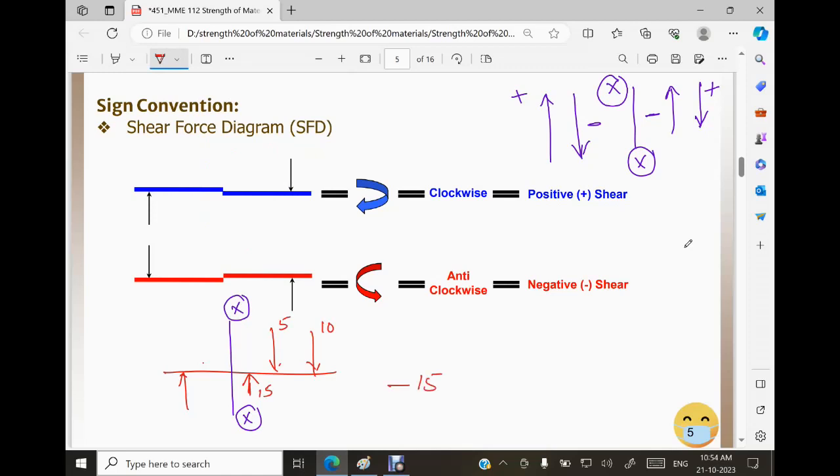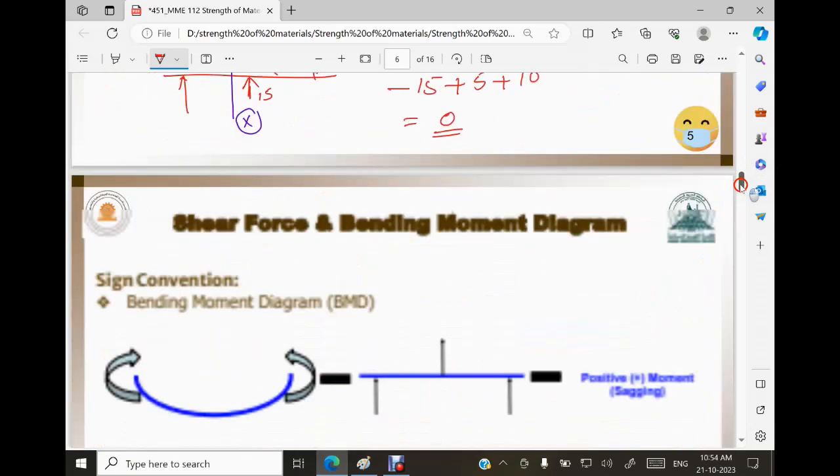Minus 15 plus 5 plus 10. This gives me 0, is it not? So the shear force at XX will be 0, because addition and subtraction is giving me 0 result. This is the sign convention for shear forces.